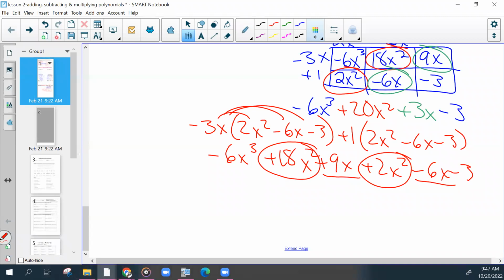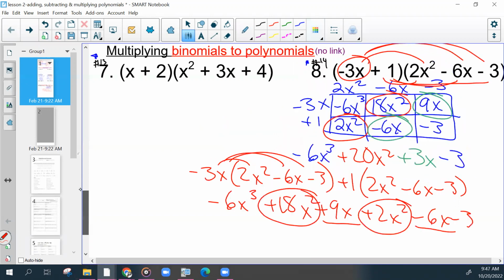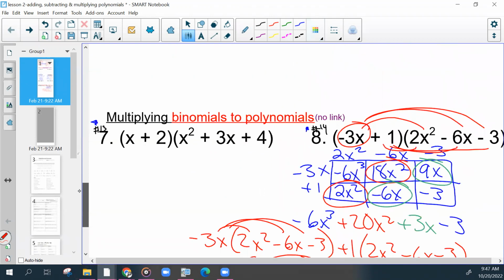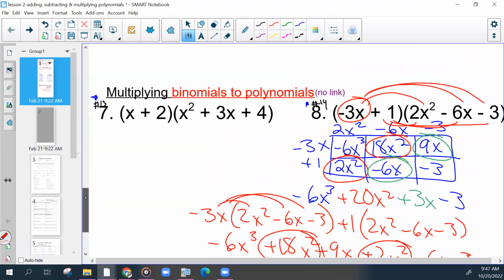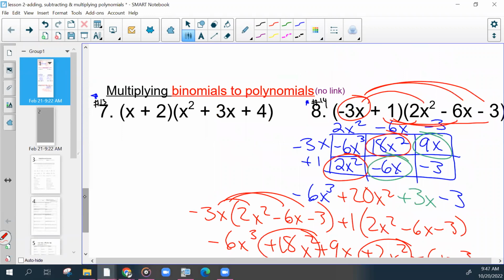Great. Other questions about multiplying polynomials or binomials or any of those, adding, subtracting? So when there's a box method, doesn't matter which way you put the numbers. When you say which way, do you mean if I put this over here or this over here? Yeah, like you put the 3 on the y-axis instead of the x. Okay, so try not to think about it like x and y axis.